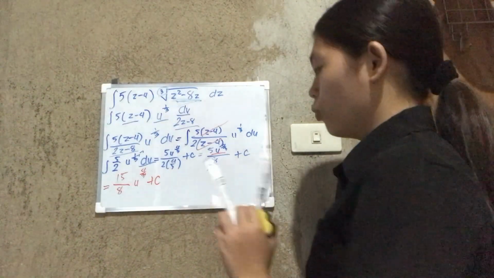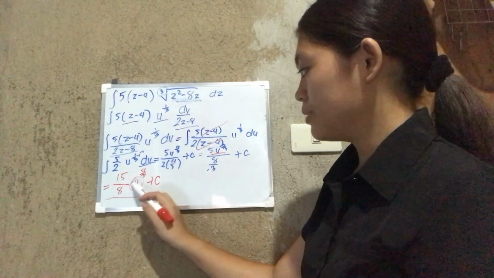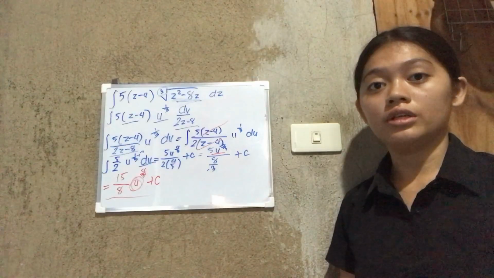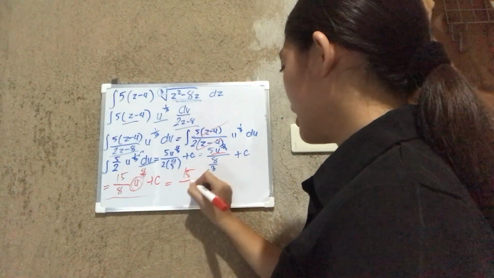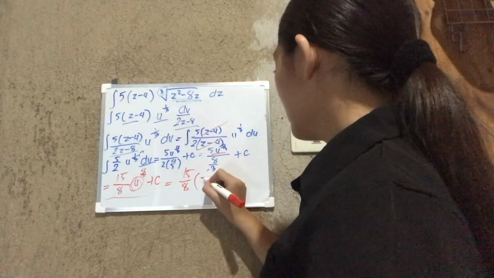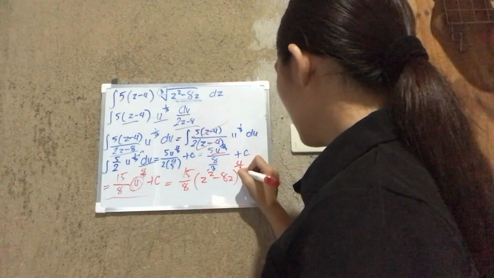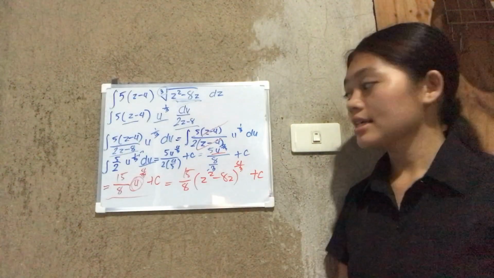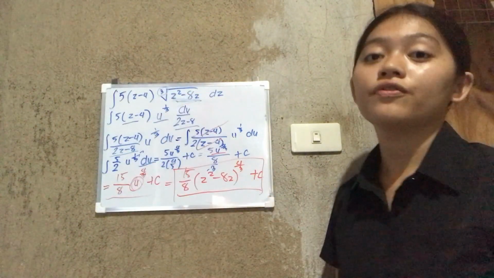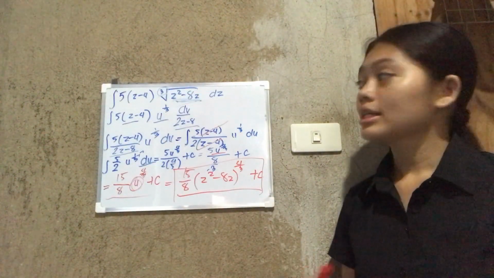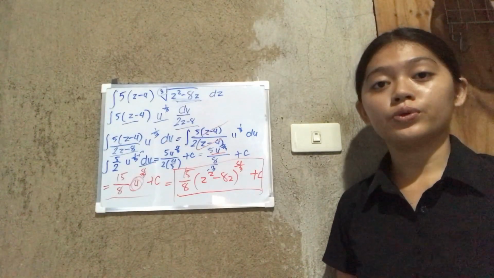And once we have this answer, we are going to substitute the u with the value of the inside function. So it will become 15/8 times z squared minus 8z raised to 4/3 plus c. And this is our final answer, the integral of 5 times z minus 4 times the cube root of z squared minus 8z with respect to z.